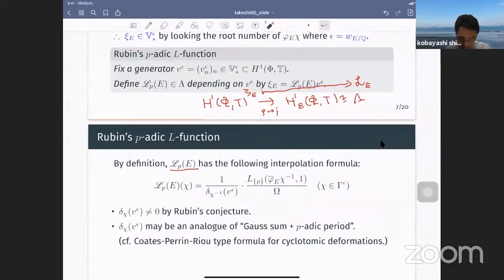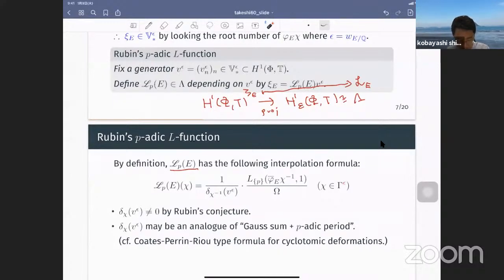This means that we eliminate the p-Euler factor from the L-function. And actually, delta chi of V epsilon is non-zero. This is a non-trivial consequence of Rubin's conjecture. So it is a kind of p-adic period, an analog of the Gauss sum, I think.